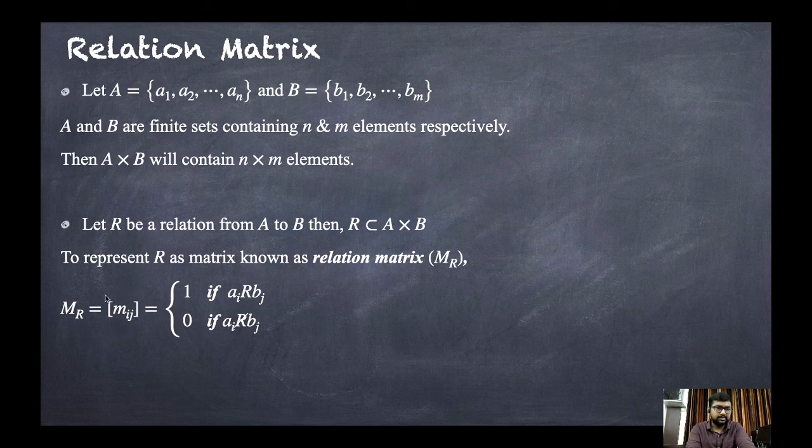The entries are Mij: 1 whenever Ai is related to Bj, and 0 whenever Ai is not related to Bj. So only two entries will be there, either 1 or 0. We will discuss in an example how to construct a relation matrix, to be precise.